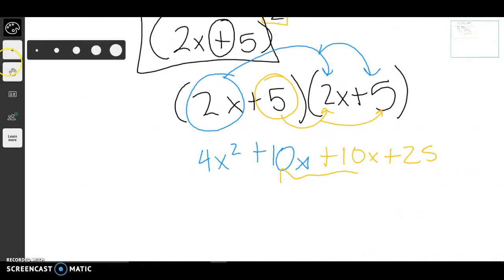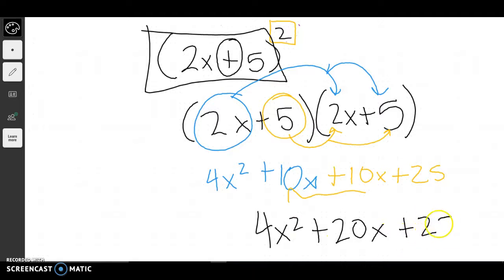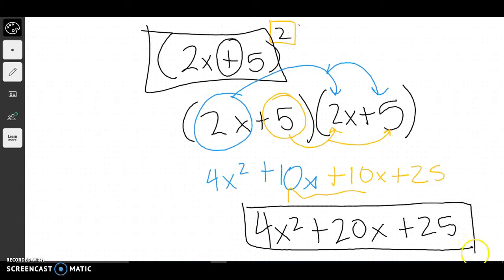Which, if we write this all out again, would be 4x squared plus 20x plus 25. And that would be it.